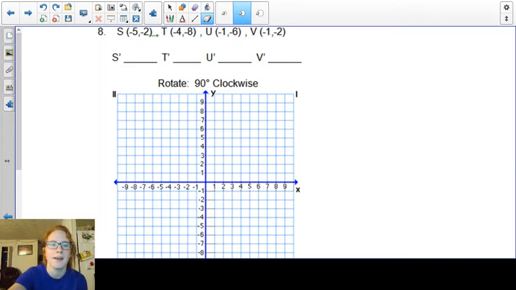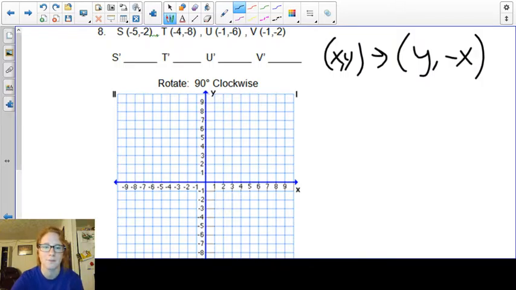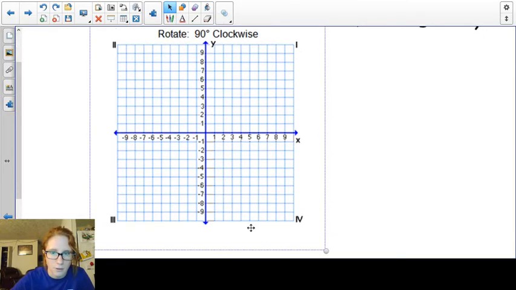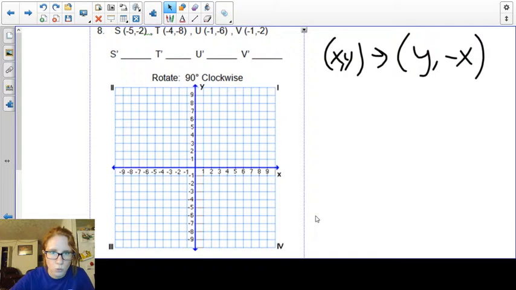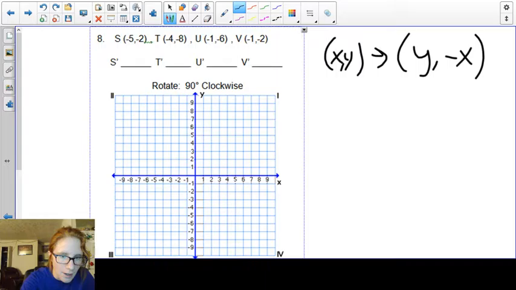Alright, so let's go ahead and write that rule. That's where my X, Y flips spots and my X becomes the opposite sign. So let's graph it first. I'm going to have to make this a little bit smaller so I can see everything. So we have -5, -2. Is that S?